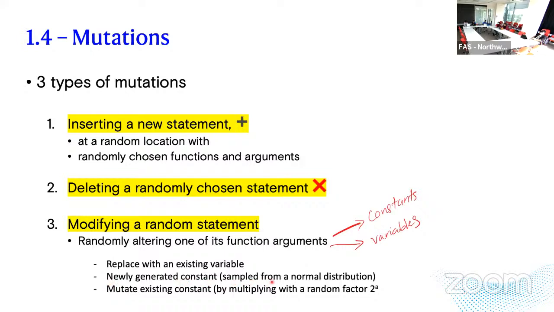They mentioned that they sample from a normal distribution, or they can mutate the constant by a factor, by this 2 to the power of a factor, they can mutate the existing constant. So now in terms of the training program, these are the available mutations that we can do to come up with a potentially better algorithm.